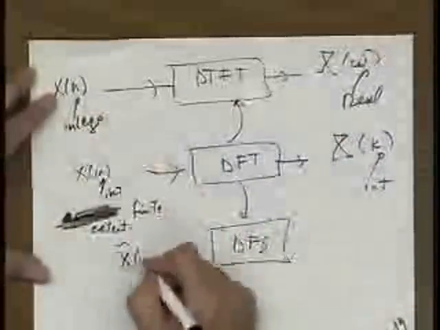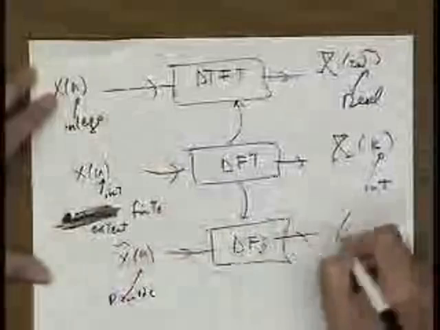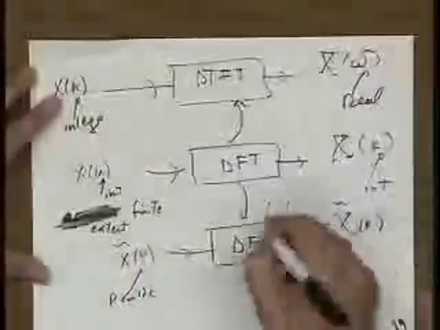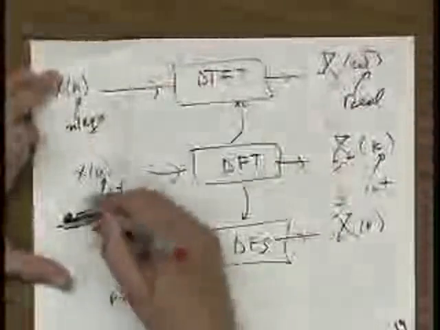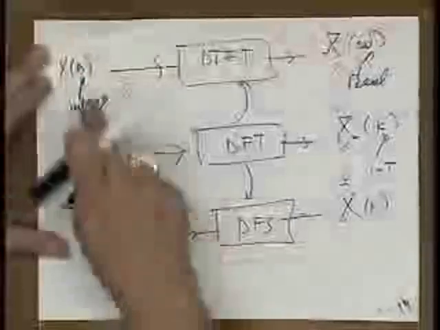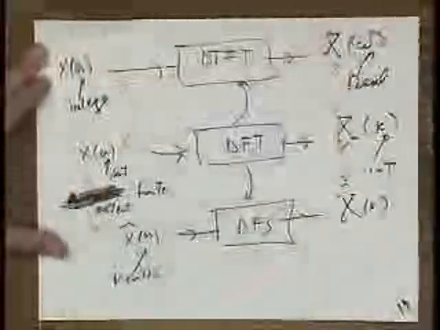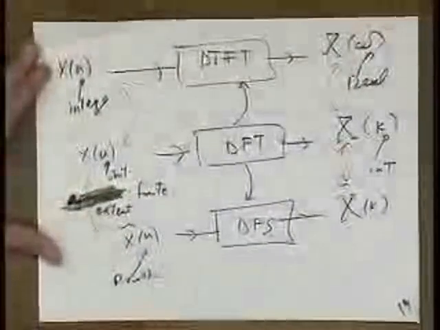If I make this guy periodic, and out comes x tilde of k, then this is related to that, these are related to each other. These are both finite extent sequences. This is a periodic version of that. This is a periodic version of that. This is a sampled version of that. They're all related to each other.